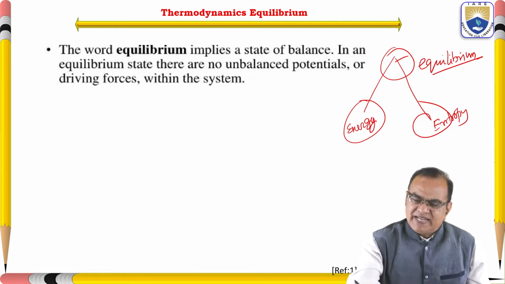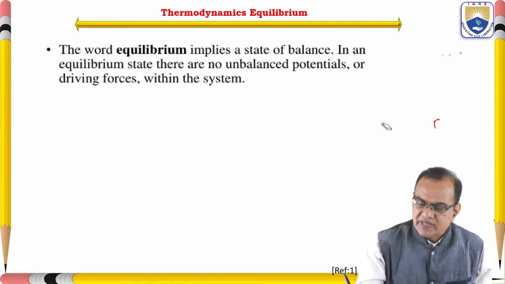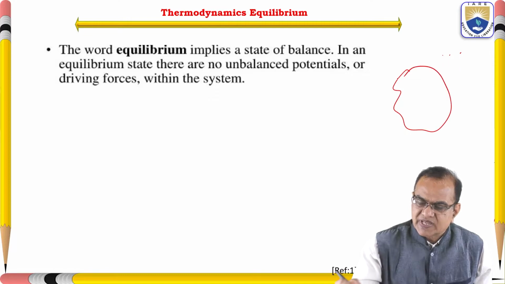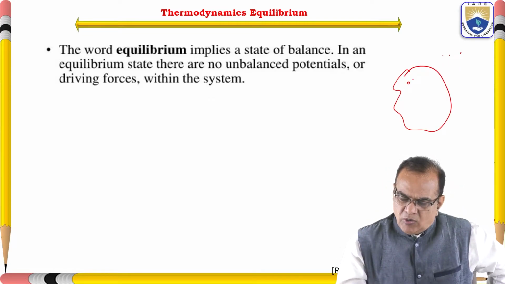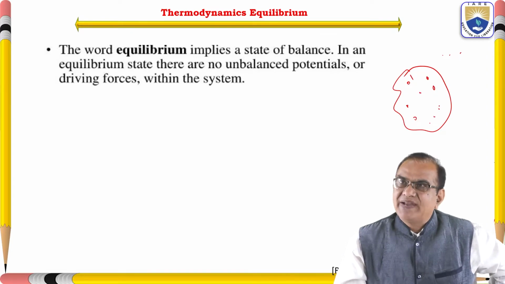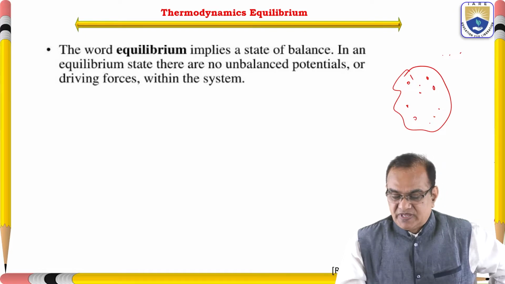So if this is the system, equilibrium means there are so many points, 1, 2, 3, 4, 5, up to n points, but everywhere the state will be the same.